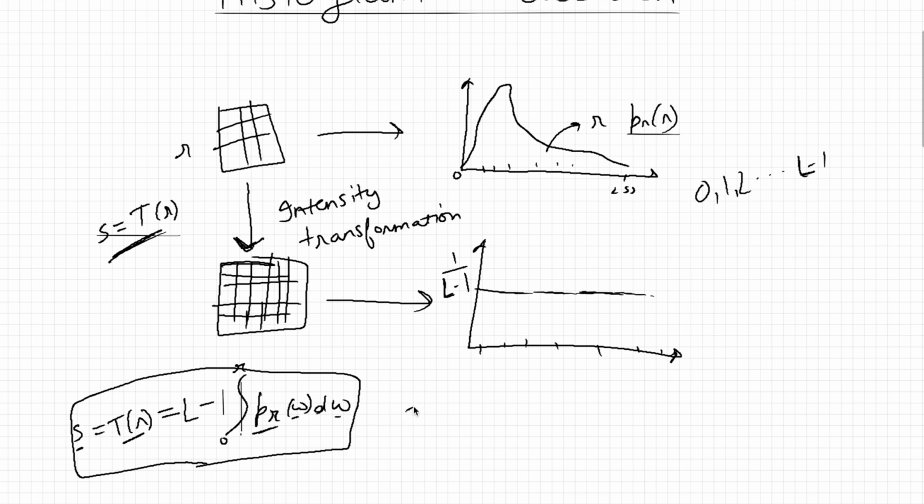It will be S of k is equal to T of Rk, which is L minus 1 times, the same as here, but now instead of this integration we will have a summation like this, which will go from j equals 0 to k of P of R of j.